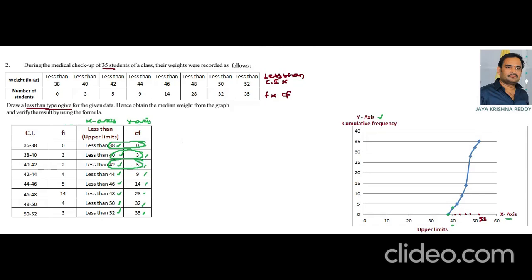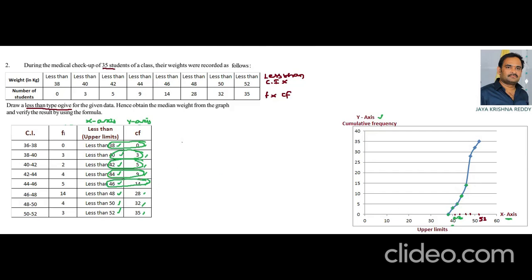On the x-axis this is 42 and this is at 5. So this is the point. And next 44 and 9. So this is the value 44 and 9. And the next point 46 and 14. This is the point.